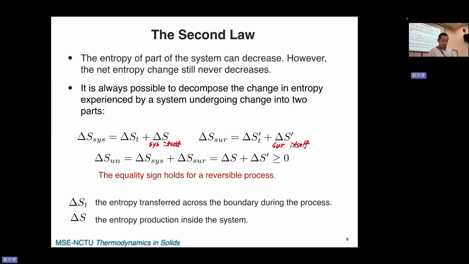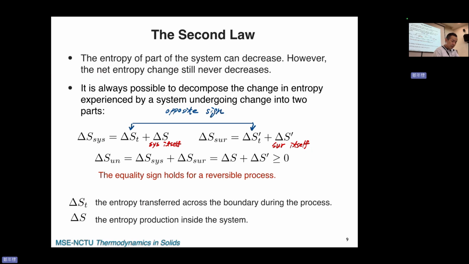And delta S transfer is the entropy transfer across the boundary between system and surroundings. So they have opposite signs, either positive or negative to each other.